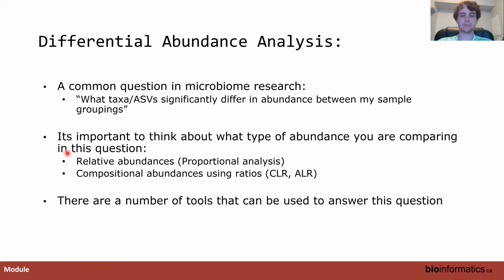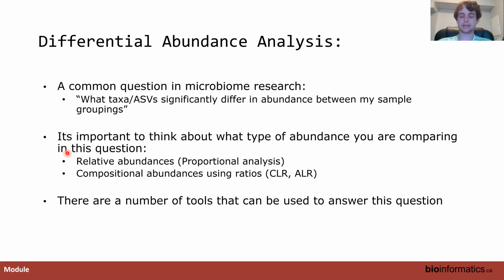You need to remember back to the previous slides that there are kind of two different types of abundance that you could be comparing here. You could be comparing relative abundances or a proportional based analysis, or you could be looking at compositional abundances using ratios, such as the centered log ratio or the additive log ratio.